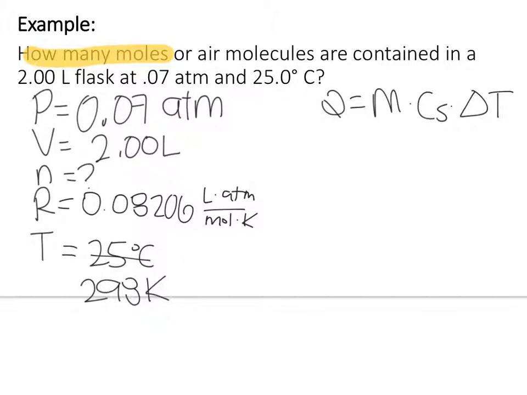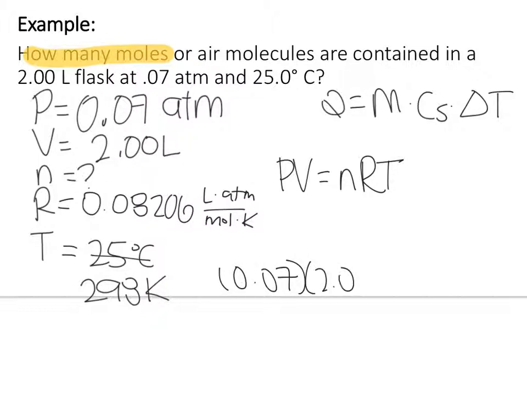Let me talk about units real quick. I do want units in your final answer. If you start by writing this and you put your units here, but then when you write your calculations you don't have them, I'm fine. If not, I want your units. So, our equation is PV = nRT, which means that we will have 0.07 times 2.00 equals n times 0.08206 times 298.